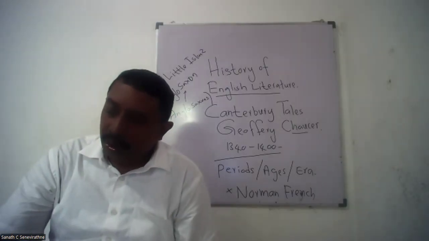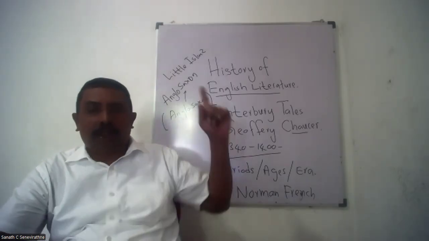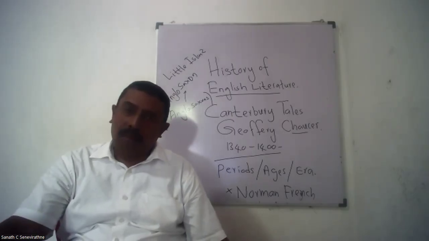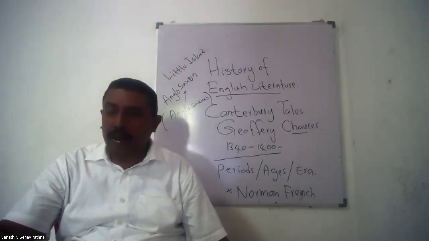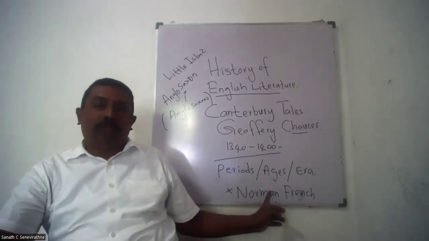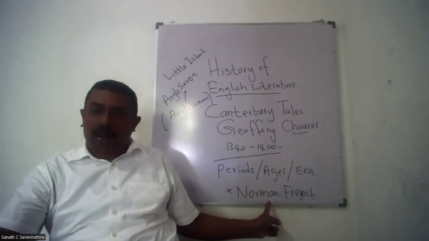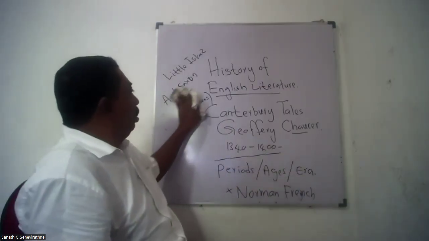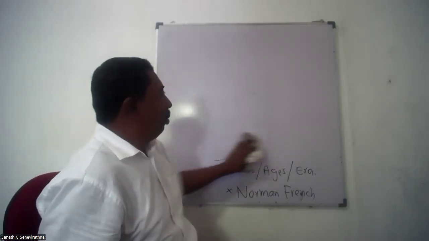Right. In the 14th century, that Anglo-Saxon language got mixed, M-I-X-E-D, with Norman French, and then the English language was made.